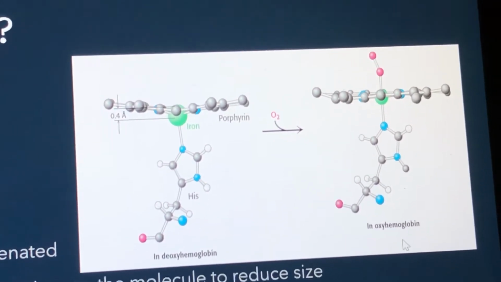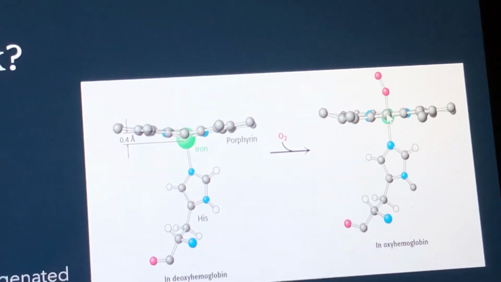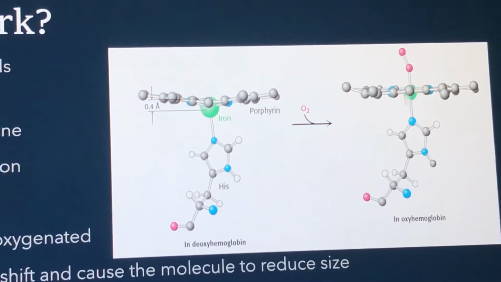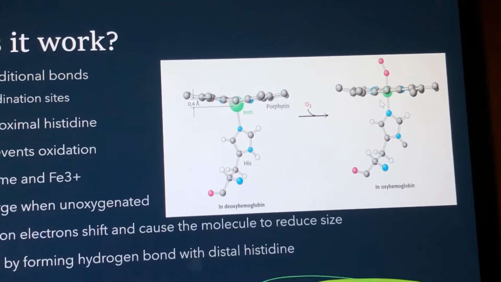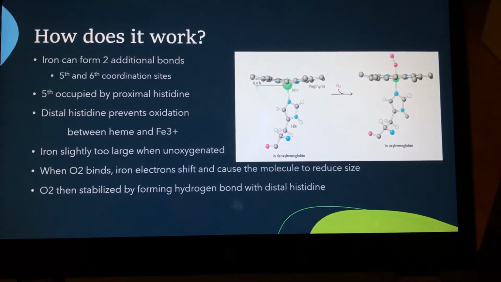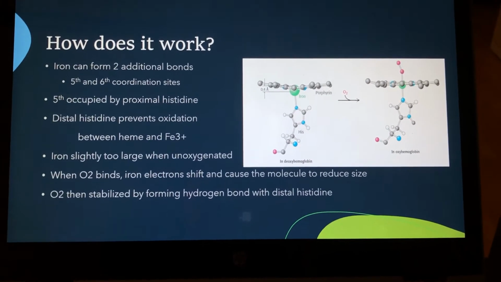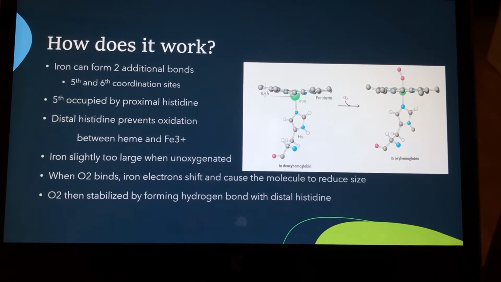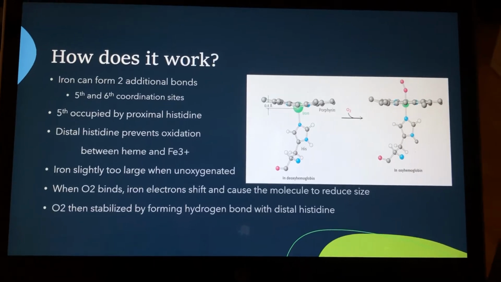As you can see, this is when you can tell that it's oxygenated and that the oxygen molecule is binding with hemoglobin, because the iron is now caught right in the center of the pyrroles and the porphyrin ring that we had discussed. At that point, the oxygen is stabilized and will form a hydrogen bond with the distal histidine to stabilize everything further.